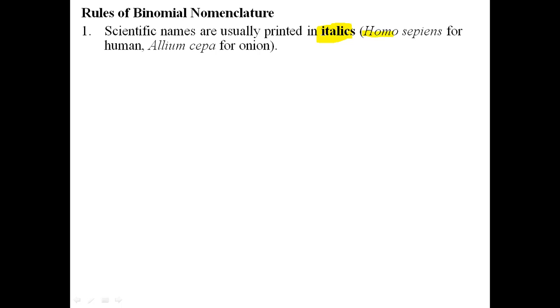For example, for human, the name Homo sapiens is used, and both terms are in italics. For onion, Allium cepa is used, and both terms are italics. Allium represents the genus and cepa represents the species. In Homo sapiens, Homo represents the genus and sapiens represents the species.